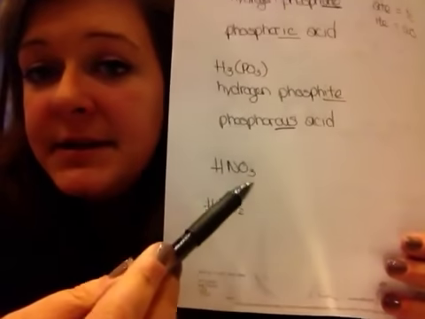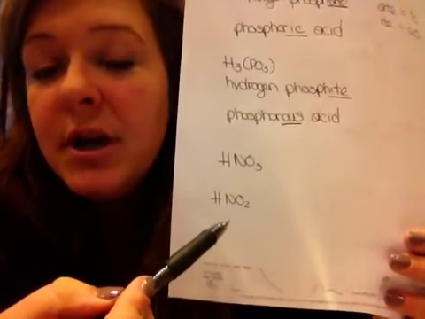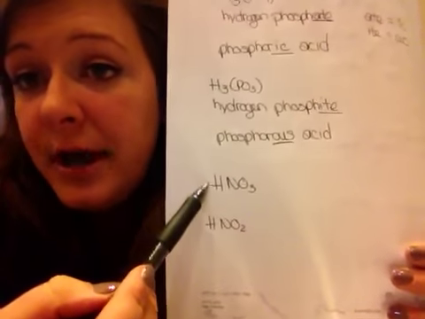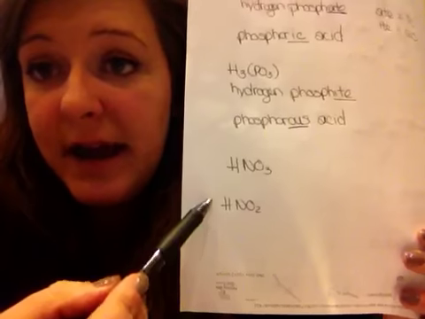Let's do some more examples of these. Let's say we have HNO3 versus HNO2. NO3 you know is nitrate, and NO2 is nitrite. Before, we could have named these hydrogen nitrate and hydrogen nitrite.